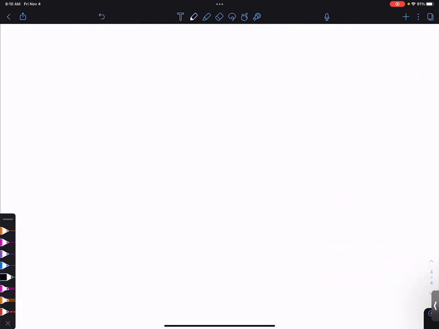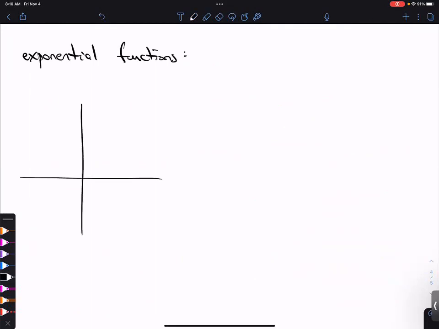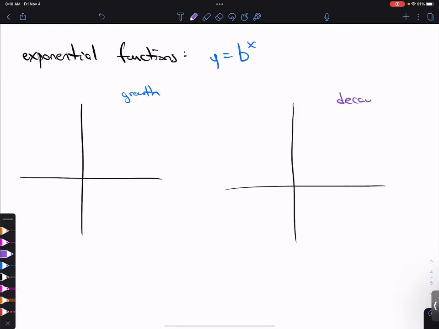So for starters, let's remember what exponential functions look like. Two kinds, right? Two varieties, growth or decay, which just means the thing is either increasing or decreasing.